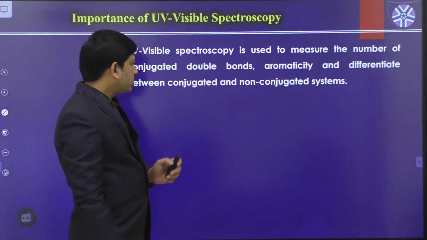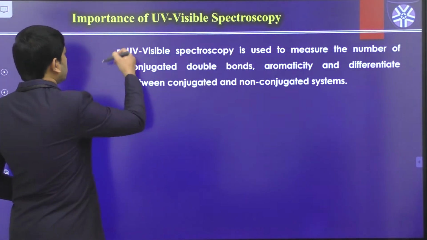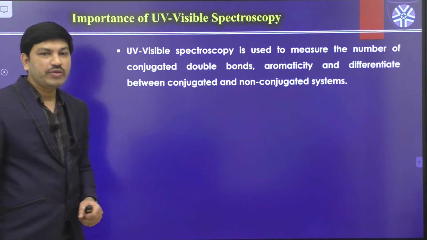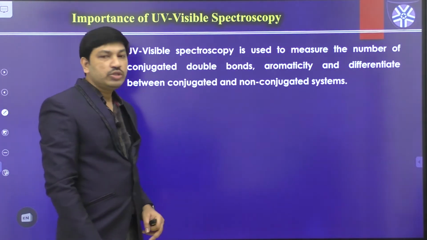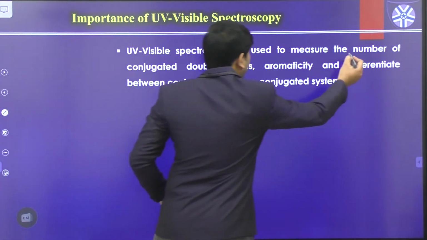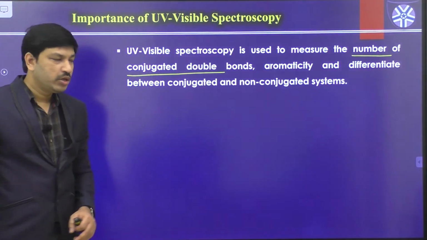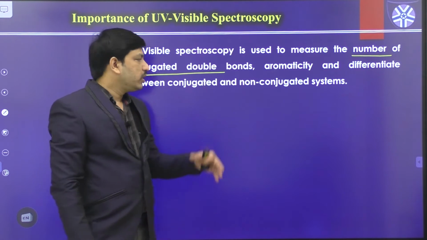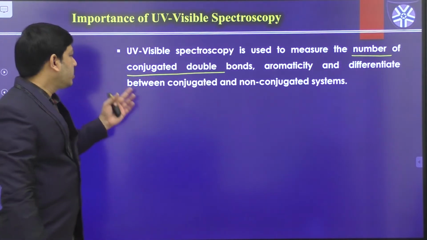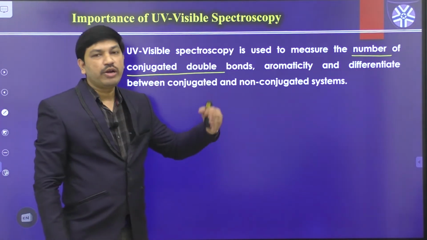So the main use of UV visible spectroscopy is to measure the number of conjugated double bonds in a given molecule. Suppose we have an unknown organic compound that contains some number of alternating double bonds.